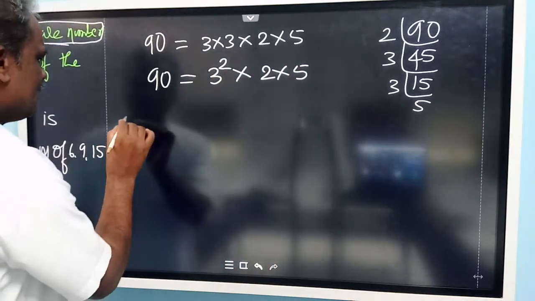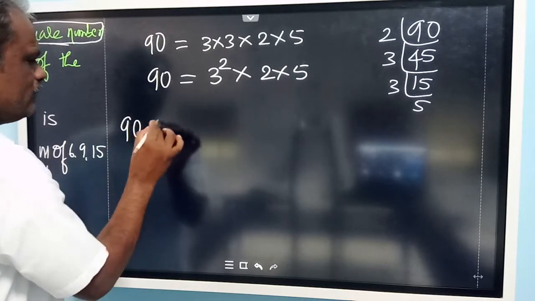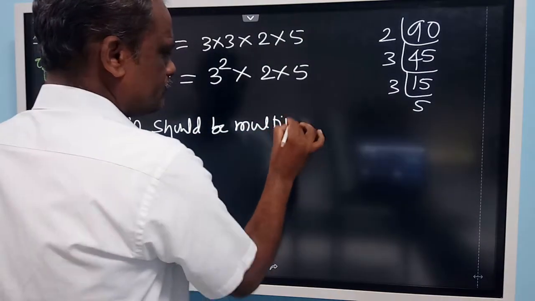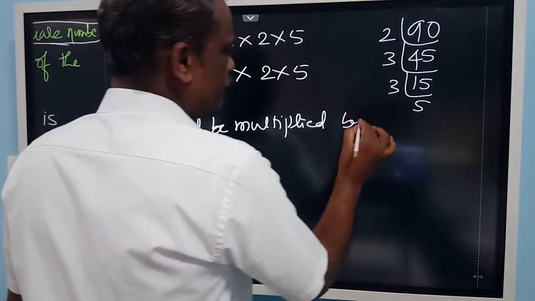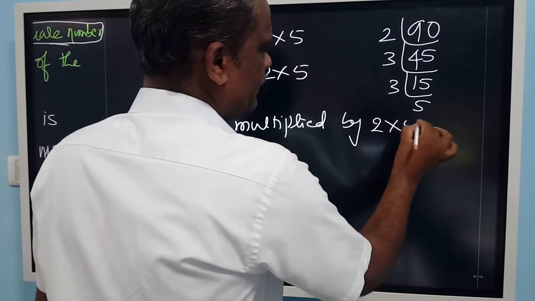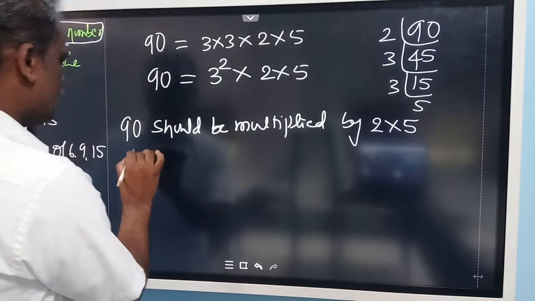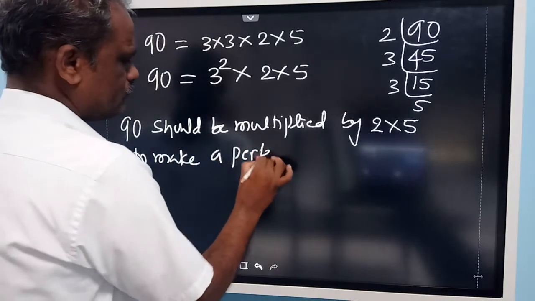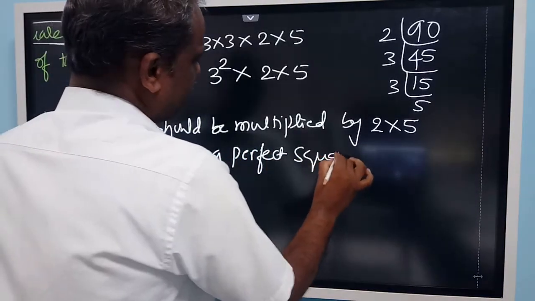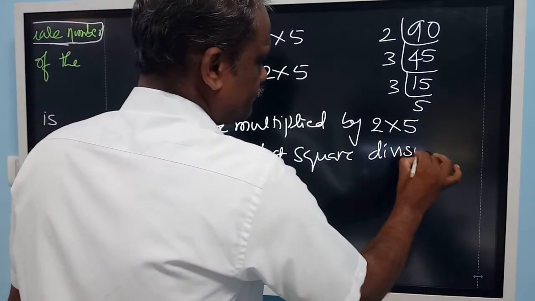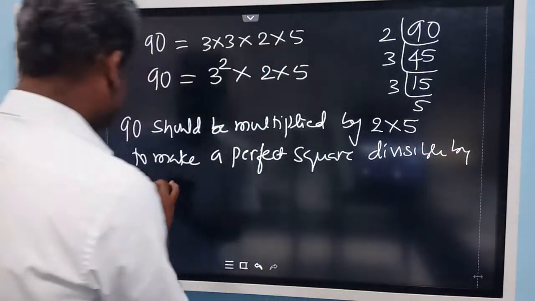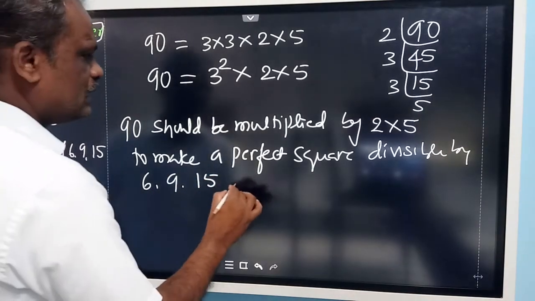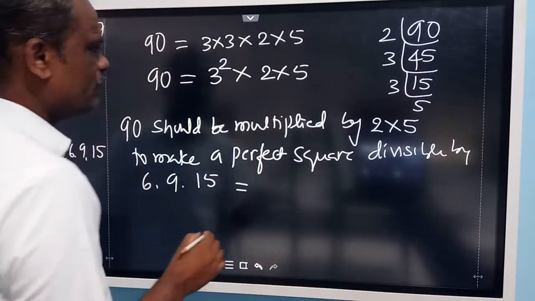So 90 should be multiplied by 2 into 5 to make a perfect square number divisible by 6, 9 and 15.